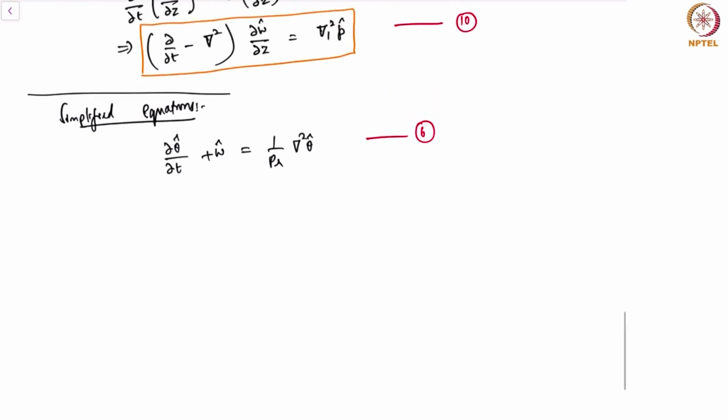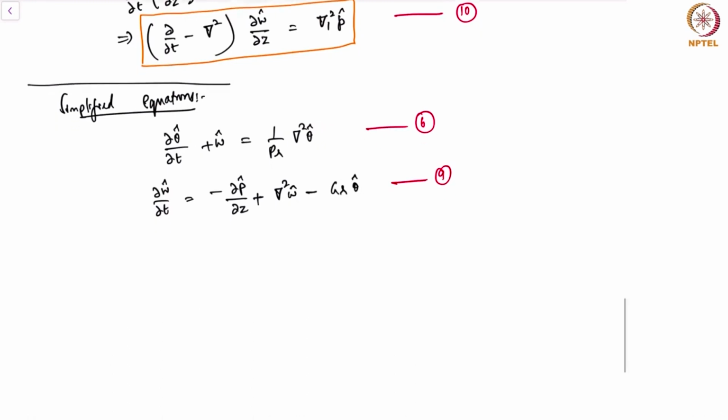Then we have equation 9, which was del w hat by del t. This was our equation 9, and finally we have equation 10, which is del by del t minus del square of del w by del z is del 1 square of p hat.